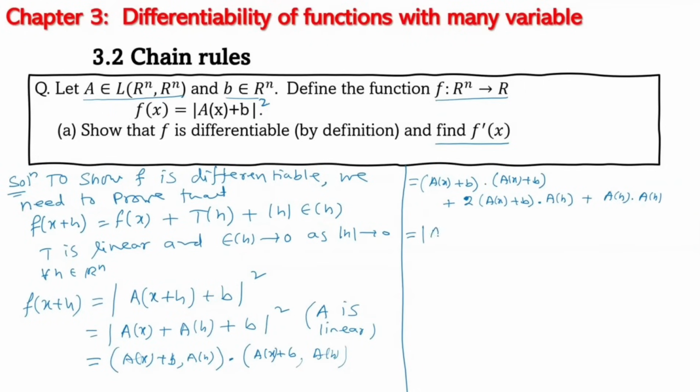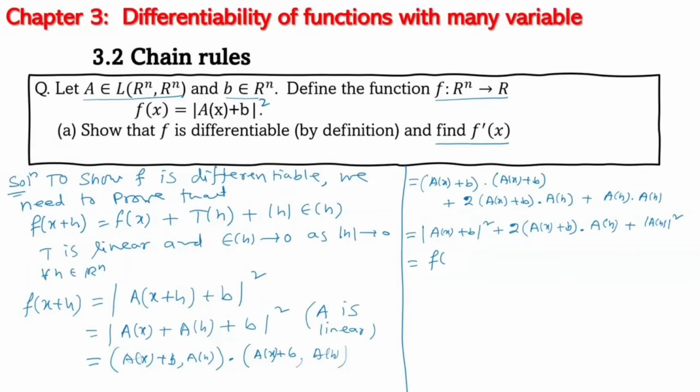So this is equal to the absolute value of ax plus b, whole square, plus 2 ax plus b dot ah, plus ah whole square.